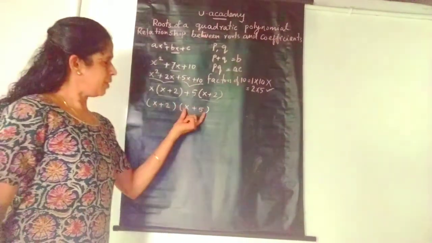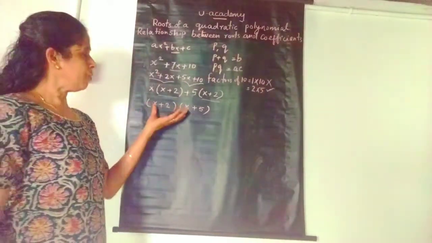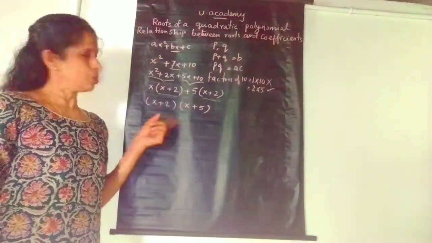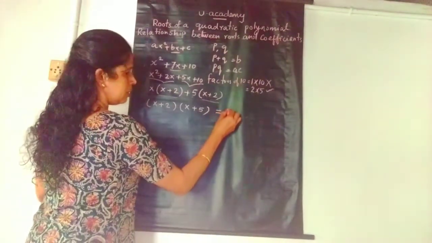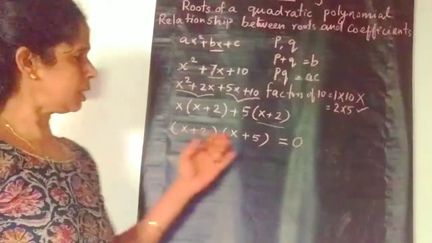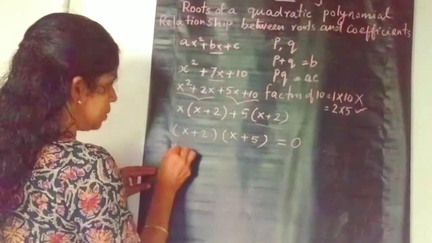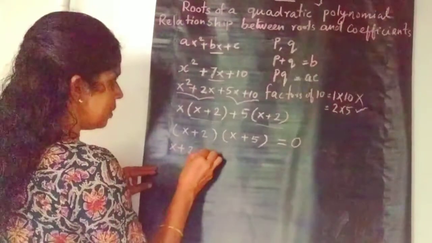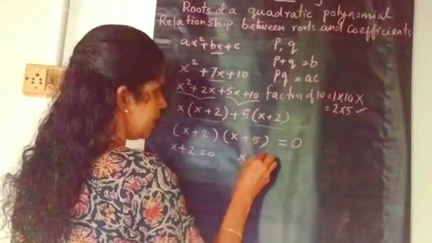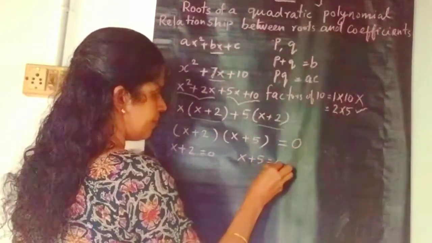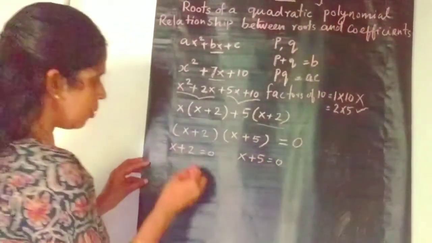Now we are going to solve this. Since here we are going to find the 0 of the polynomial, it should be equal to 0. We know 0 of the polynomial means here it should be equal to 0. So this x plus 2 equal to 0. Same way, x plus 5 equal to 0. By solving this, how do you solve this?